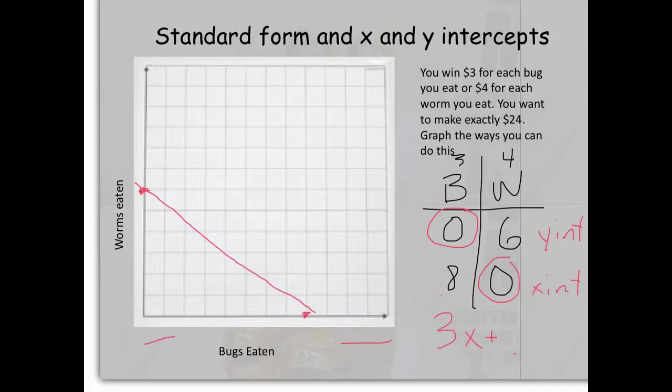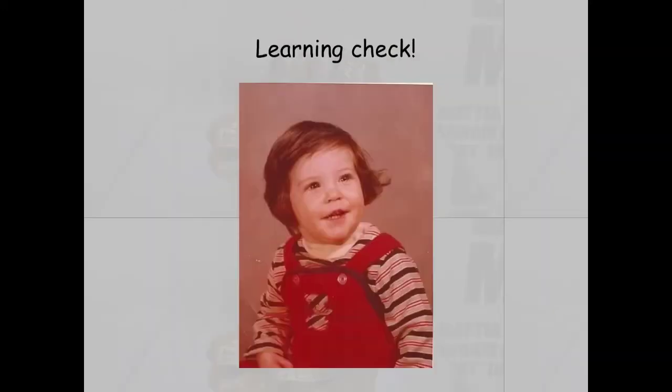Plus, you make $4 for each worm you eat, and worms are the y-axis. Next, 3x plus 4y has to total 24. So that's why each number is significant. So 3x plus 4y equals 24 is the equation of this line in standard form. That's basically what I need you to get out of it.